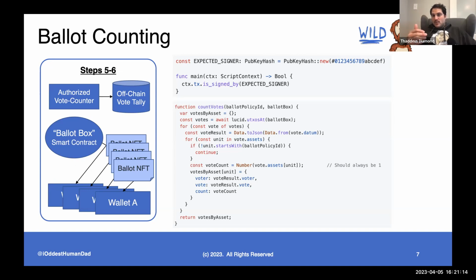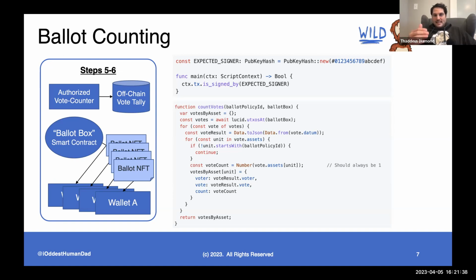It finds all the assets, because of the efficiency of Cardano, one person may vote, but they may have voted with multiple assets, and then it essentially counts them. This one does it in most recent order, so you can overwrite your values. You could also have it where only the first vote is honored for a specific asset type. There are lots of ways that you can enforce the off-chain mechanism.